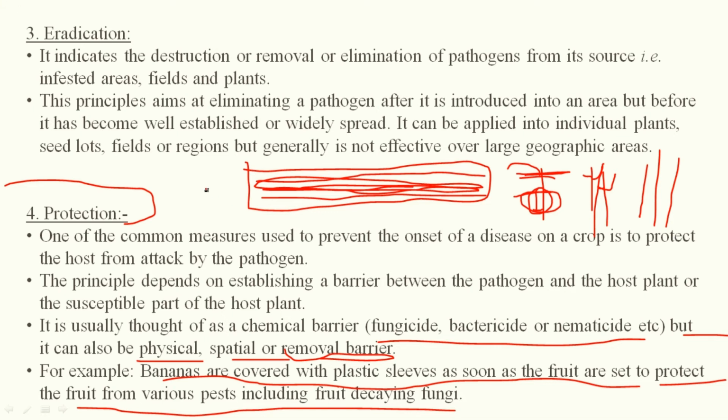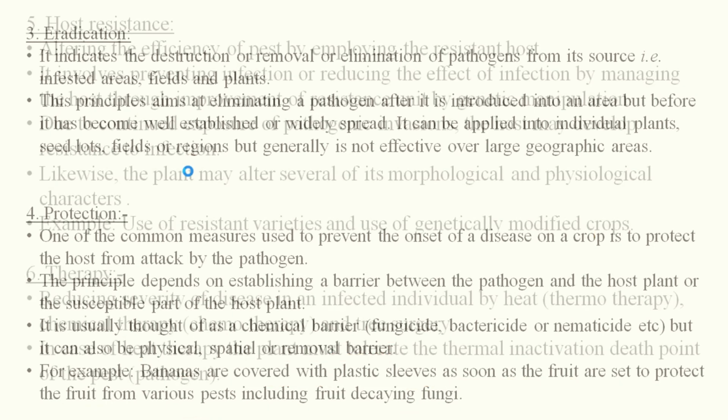Suppose this is banana or any kind of fruit, we can go for bagging or covering with a polythene sheet. Then no insect pest, no fungus or any kind of disease can affect the fruit directly. It can be protected. That one is what? Protection.